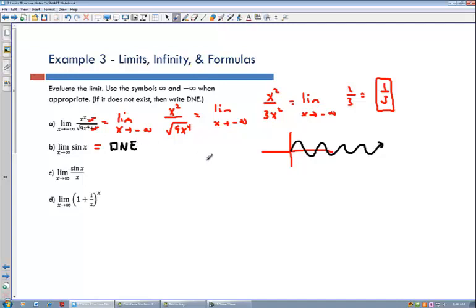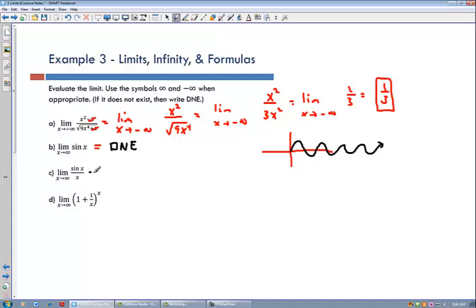It just keeps going up and down. So there is no limit. It's not approaching anything. It just keeps going between -1 and 1. You could use your calculator too and start plugging in really big values for x, and you'll see that as you plug in bigger and bigger values, it does not go to any certain number.